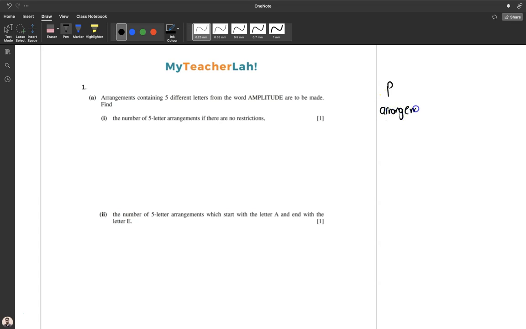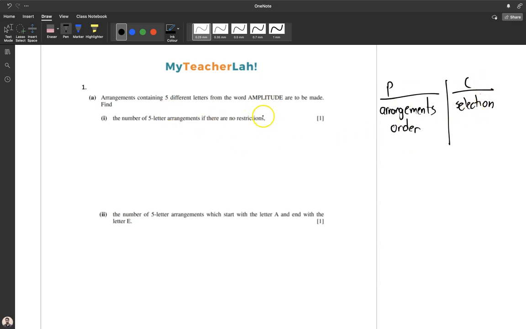So orders and arrangement matter in permutation. For combination, what actually matters is selection. It doesn't really matter what order they are in, as long as you're able to select a certain group of people, for example. So permutation is for arrangement and order, whereas combination is for selection.